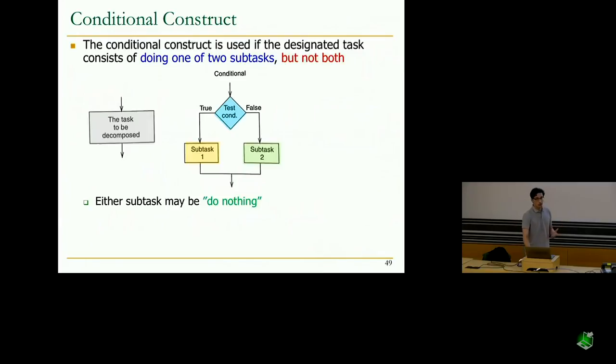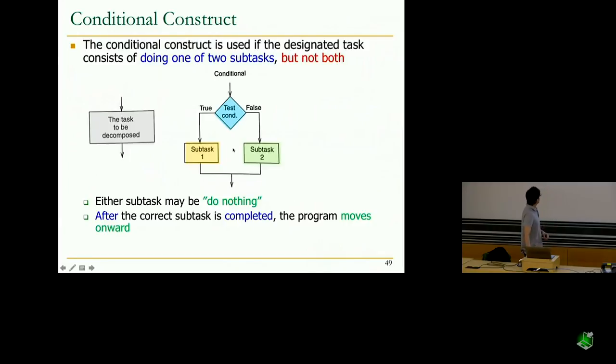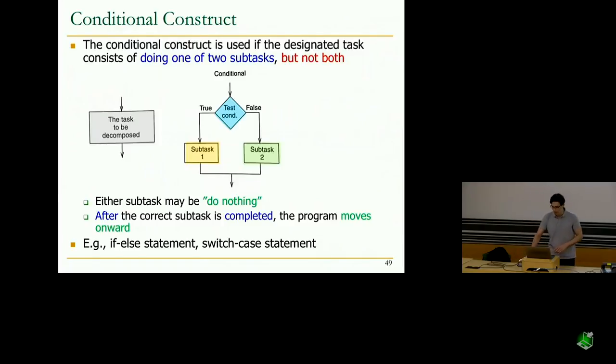One of the subtasks could be do nothing. It's not required that we have if and else; it's possible to have only if. And once the correct subtask is completed, the program moves onward.